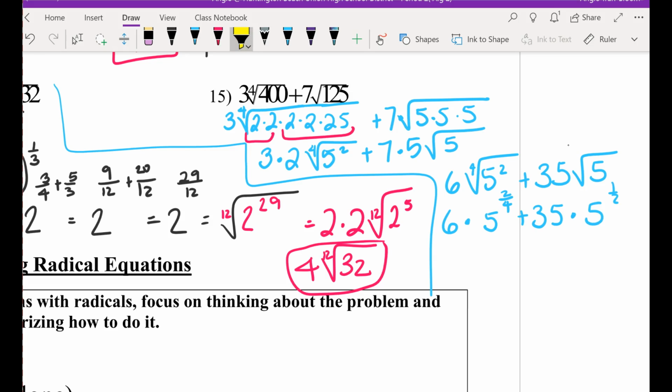Can I simplify this little guy right there? What is that going to reduce to? 5 to the 1/2 plus 35 times 5 to the 1/2. Okay. It was, but 25 is? It's the same thing as 5 squared.